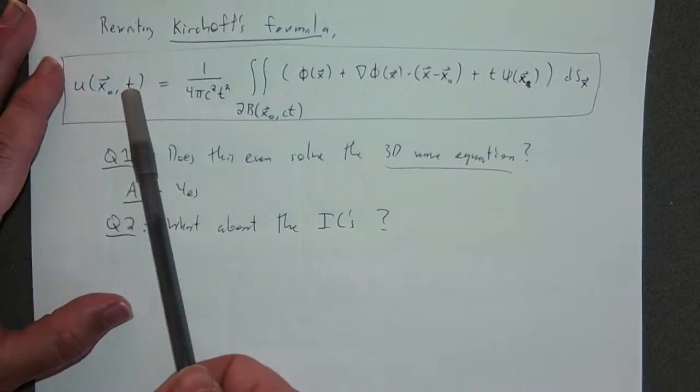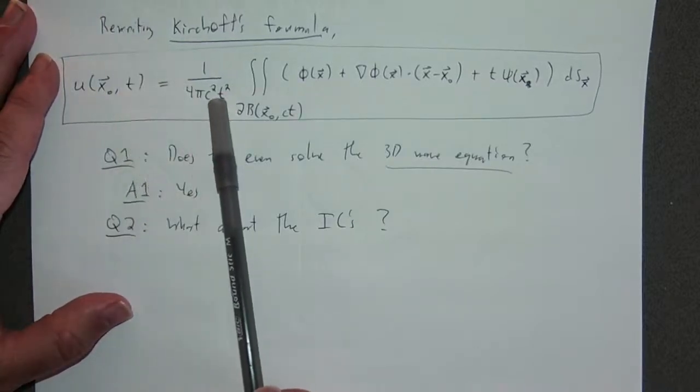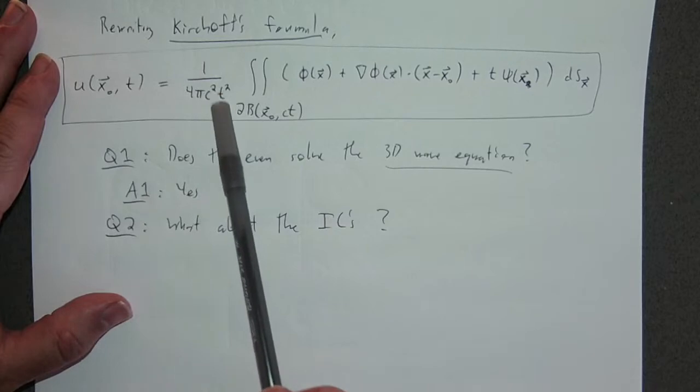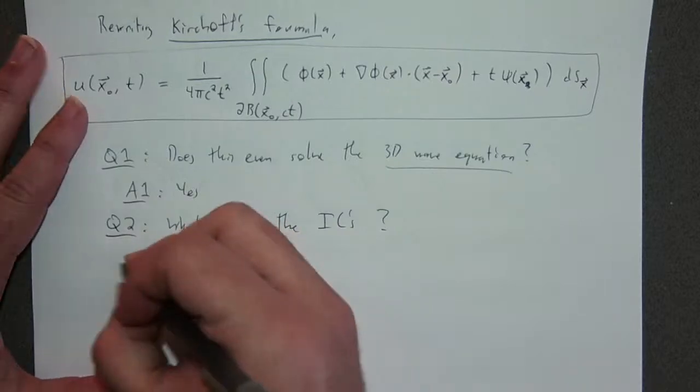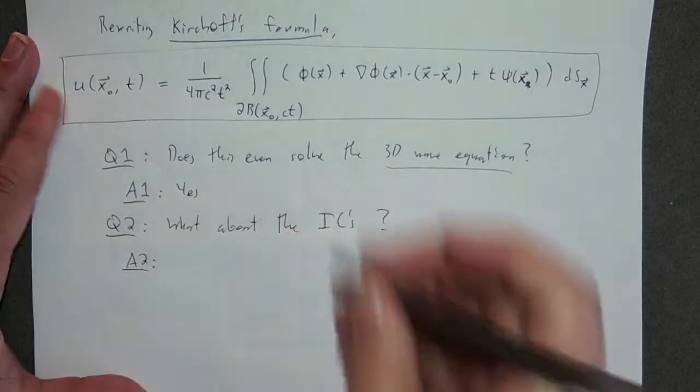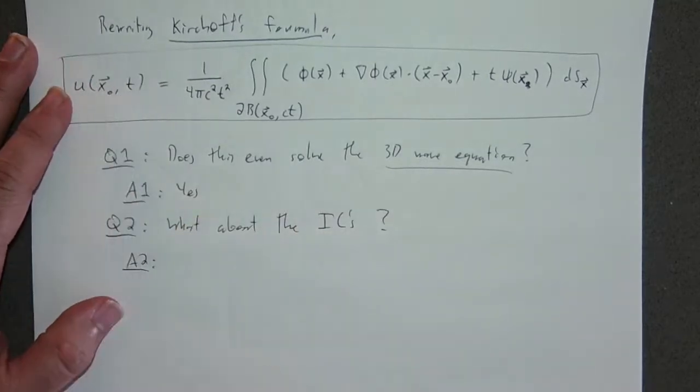Here, I can't even plug in t equals 0 because of this t squared in the denominator, so it doesn't even look like it's defined. So what about these ICs? Since I can't just plug in t equals 0, what do you think I'm going to do?